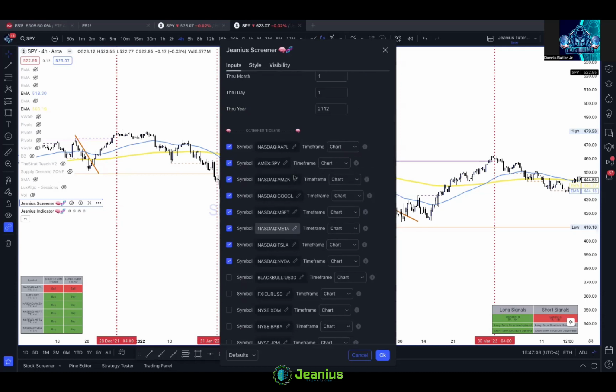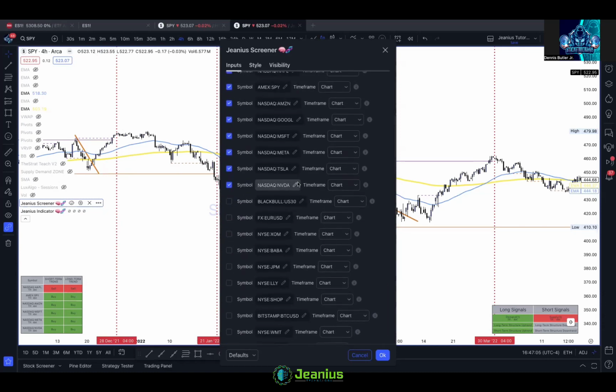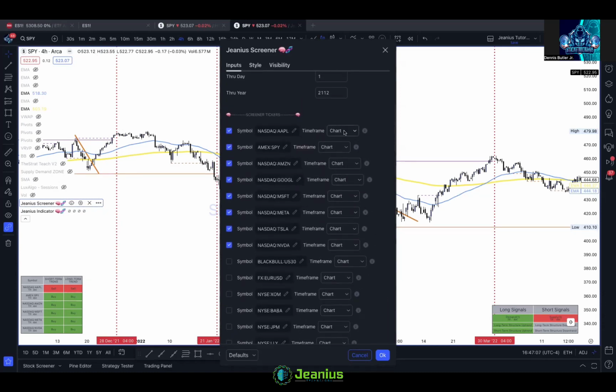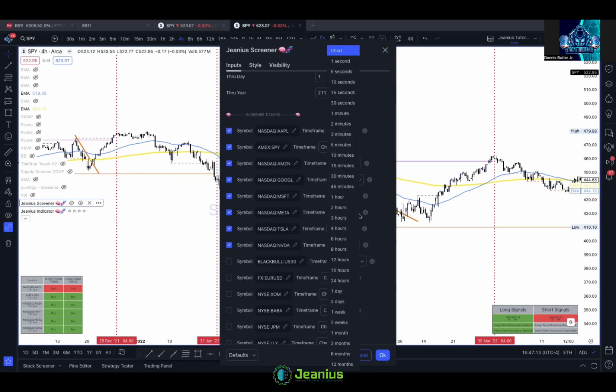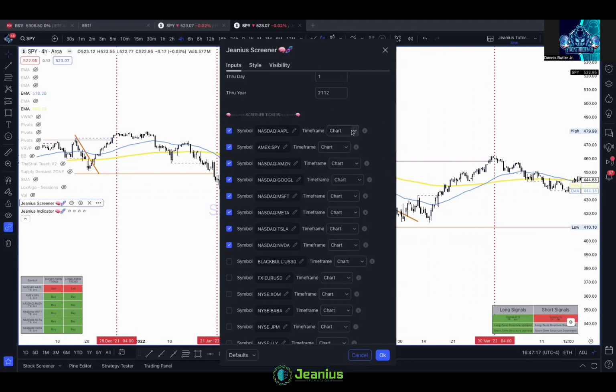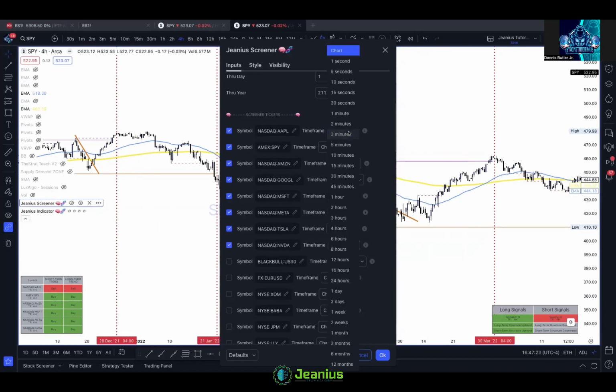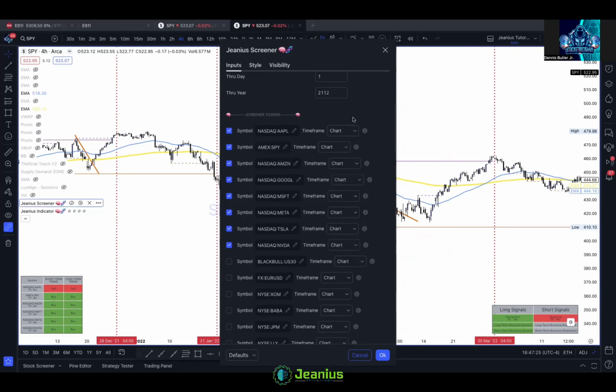And while we're waiting for this to load up, I also want you to see something else that's really cool. The screener also allows you to, and the indicator does it as well, get signals on timeframes of your interest. So even if I'm on the 4-hour right now, no matter what time frame I'm on my current chart, I can always set each ticker to give me signals for that specific chart.